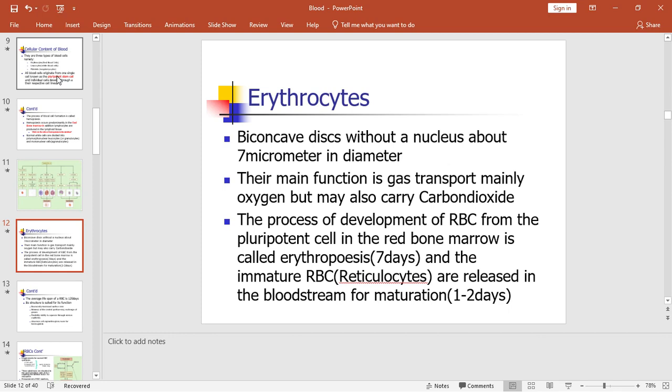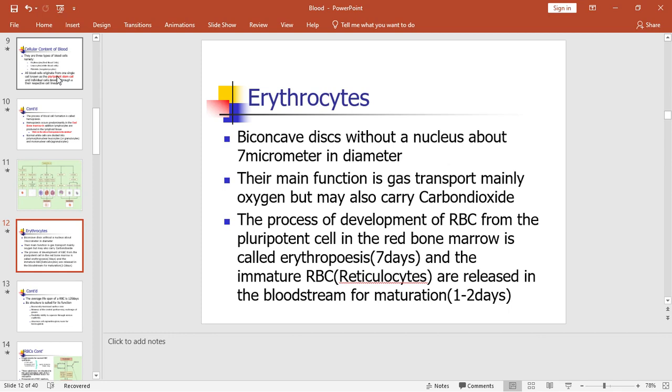Erythrocytes, also known as red blood cells, are biconcave discs which do not have a nucleus. They have a diameter of about 7 micrometers. The main function is to transport gas, mainly oxygen. Instead of a nucleus, their center has a very well adapted protein called hemoglobin, a combination of heme, made of iron, and protein, the globin.